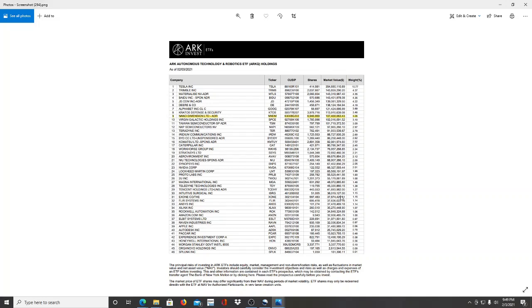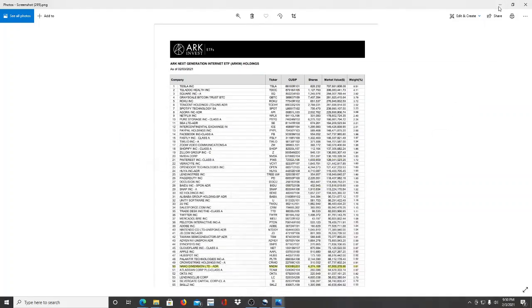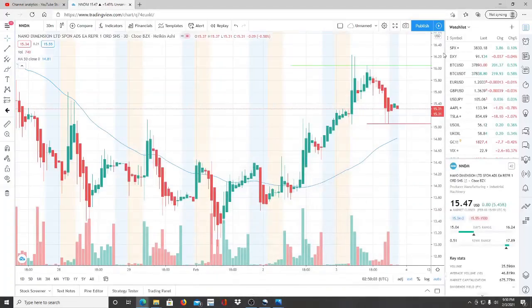That's the only conclusion I can come to from this. It's the second time that ARK Invest sells Nano Dimensions. Interesting stuff.